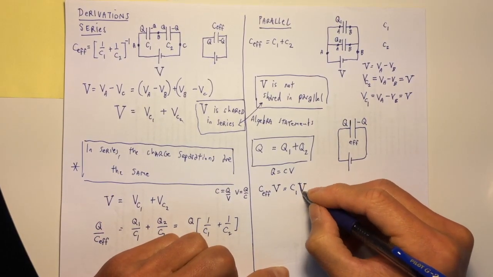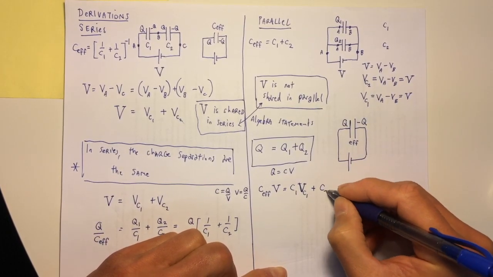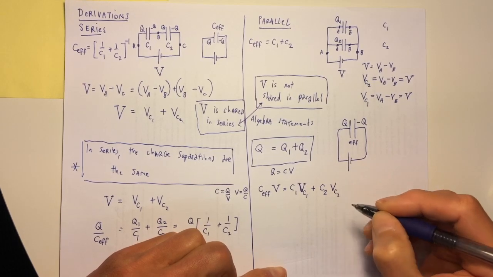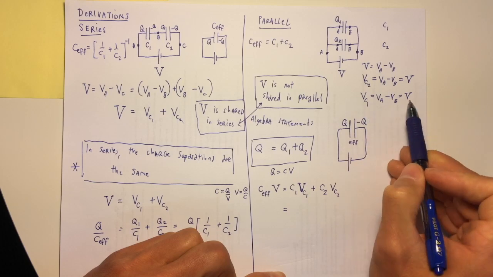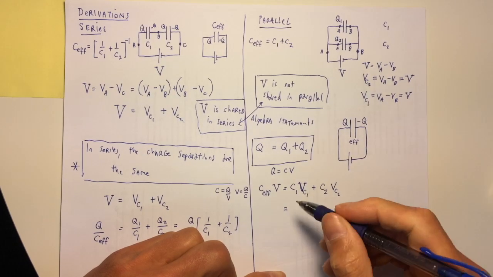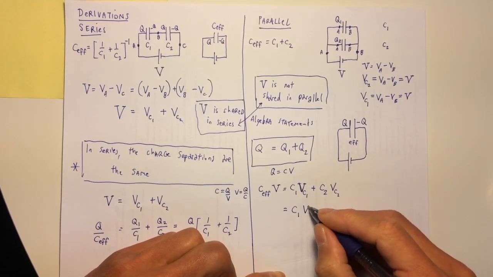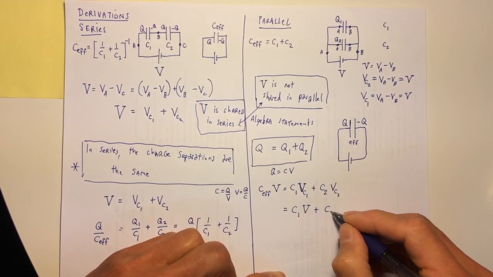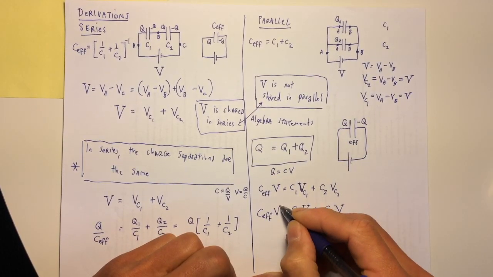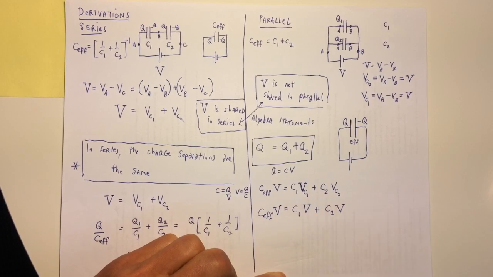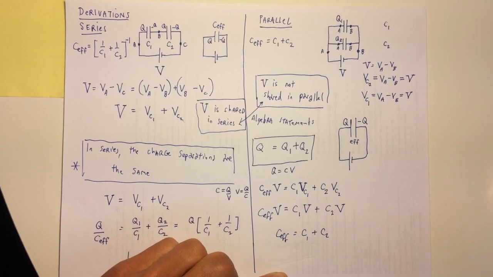Let's say it's C1 times the voltage across capacitor 1 plus C2 times the voltage across capacitor 2. But because the voltages are all the same, V across C1 is V, V across C2 is V. So this goes C1 V plus C2 V equals C effective V. You can see that V is the common factor. So C effective equals C1 plus C2.